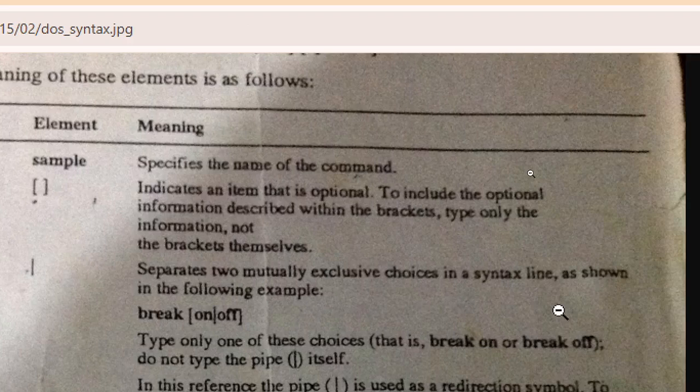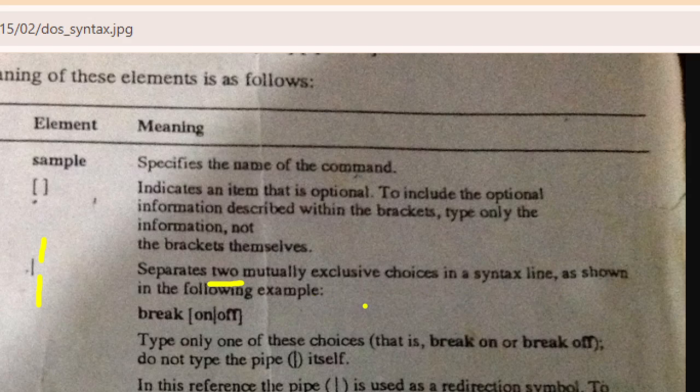What is a split vertical bar? So it says here, the split vertical bar, it is on your keyboard on top of the enter, right side, near on top of the backslash. It separates two mutually exclusive choices in a syntax line, as shown in the following example. It says two, but it's not true.